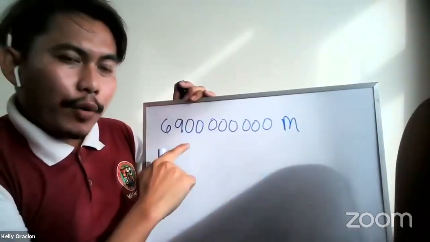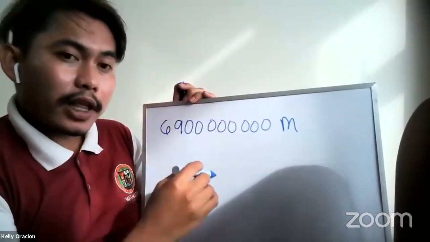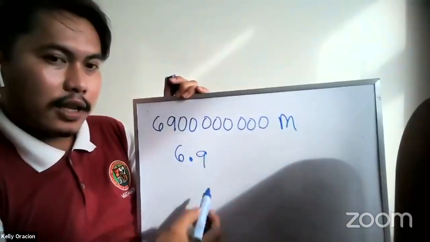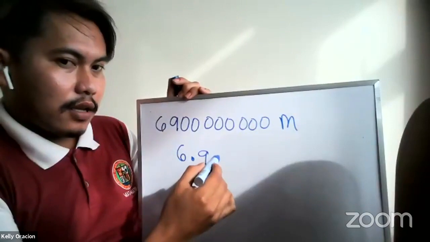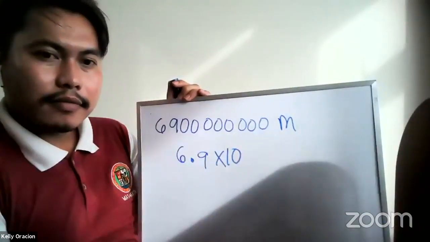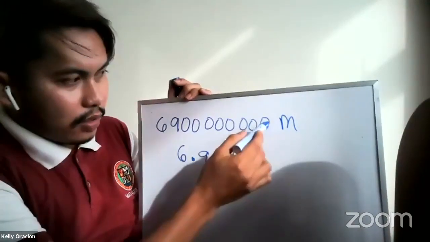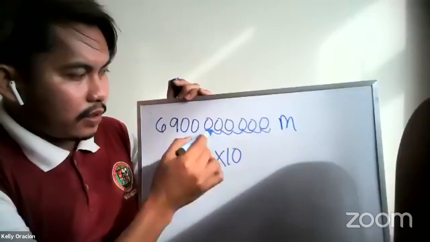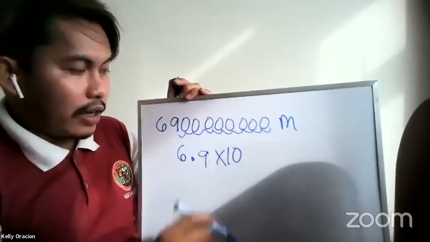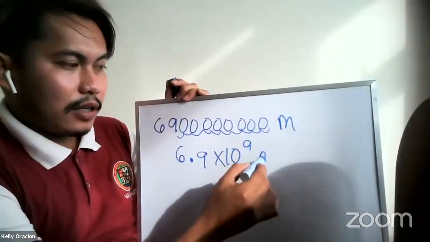Now, if we are going to convert this one into scientific notation, what is the exponent? 6.9 times 10 raised to what? What's the exponent? 1, 2, 3, 4, 5, 6, 7, 8, 9. Very good. Positive, the exponent is 9. Meters.